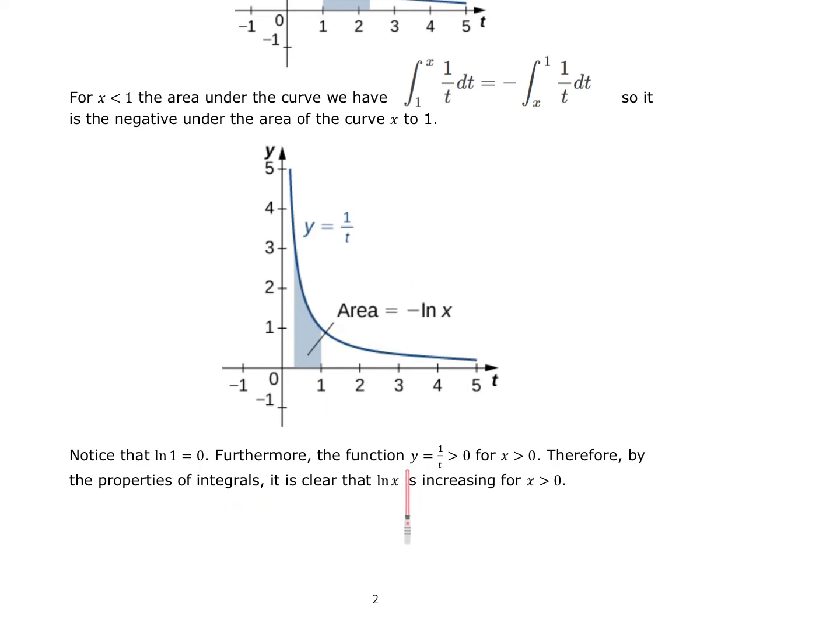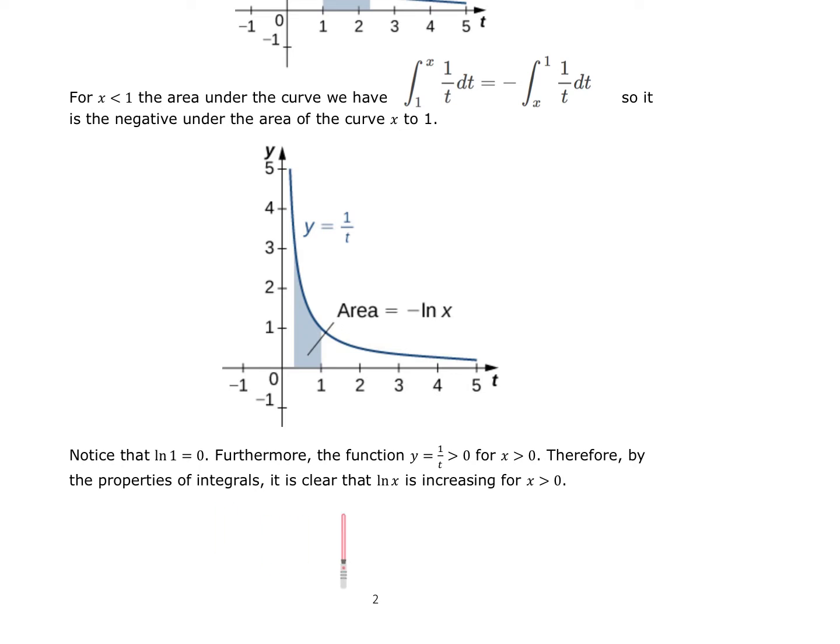And the function y equals 1 over t is greater than 0 for all t greater than 0, because it's the area above the x-axis. All of the outputs from 1 over t are always going to be above the x-axis when t is greater than 0. It can't be equal to 0.